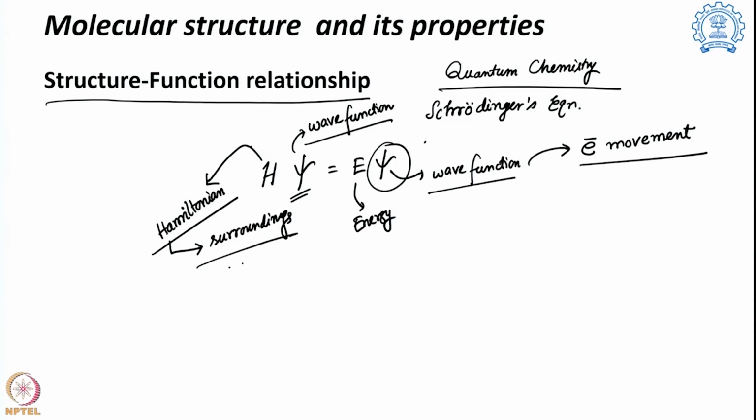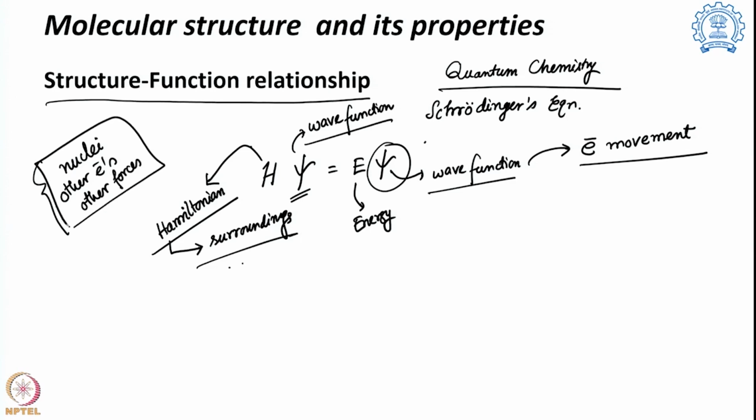Now, this electron movement is controlled; it cannot move anywhere as it wants. It is controlled by what? It is controlled by the nuclei, by other electrons, and other forces around it, and all those things control how the electron should move.